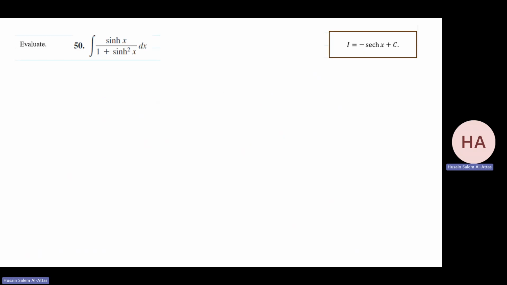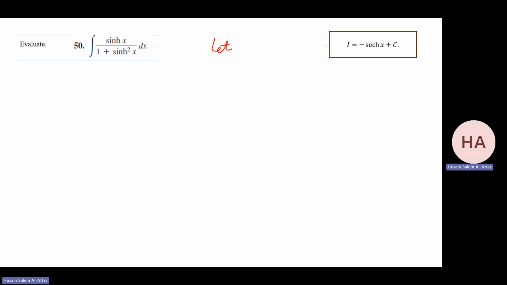Sine hyperbolic over 1 plus sine hyperbolic square dx. Very clear. I will let u to be sine hyperbolic x. du will be what? No, that won't do it. That means I need to rewrite 1 plus sine hyperbolic square in terms of cosine hyperbolic, and see what will happen.